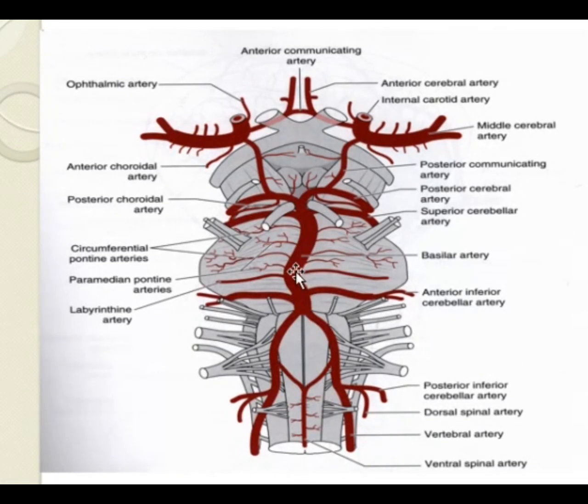That is why when we were looking at the brain stem, we saw that the anterior surface of the pons has what we call a basilar groove. The groove where the basilar artery moves. It's because when the two vertebral arteries reach the pontomedullary junction, they join to form the basilar artery, which moves along the anterior surface of the pons.